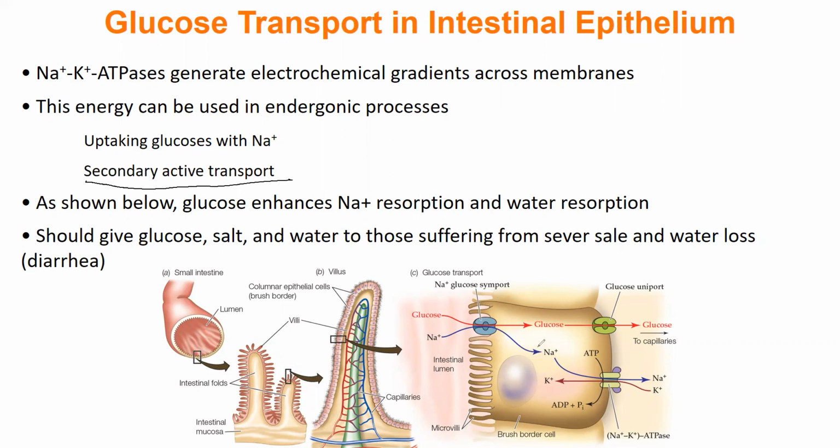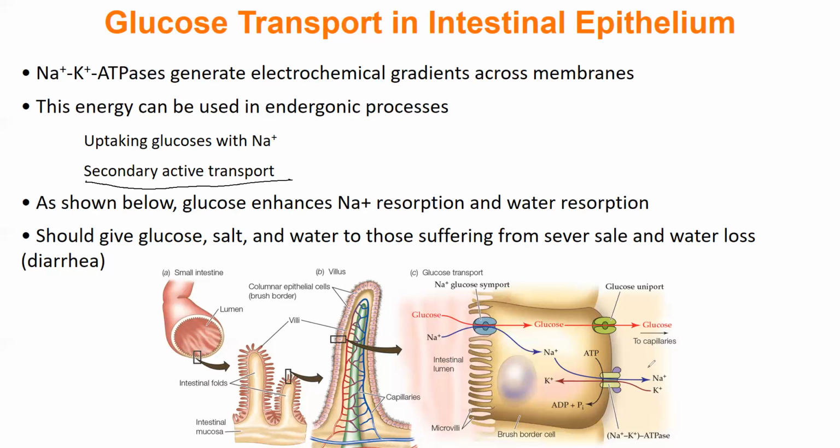However, if we didn't have a way to get rid of this sodium, it would build up and this symport would break down. So to keep sodium low, we pump it out of the cell using our antiport here, our sodium potassium ATPase.